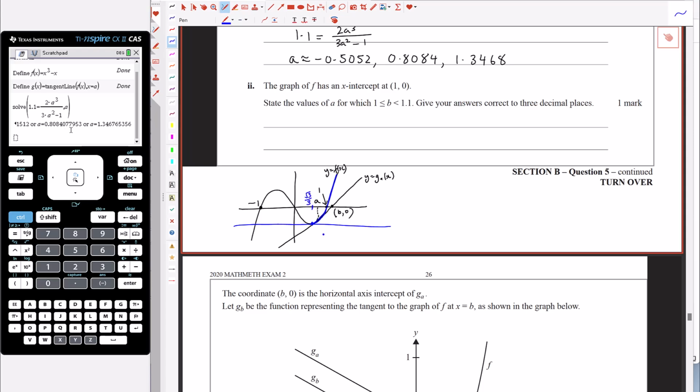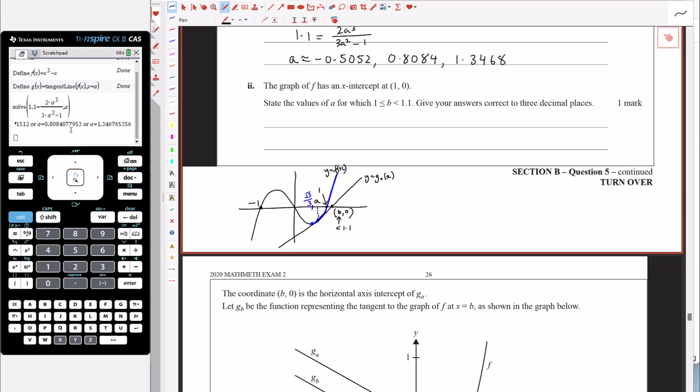So therefore A is going to have to be bigger than that to get the tangent to have an x-intercept out here, but obviously we need to work out what the value of A has to be so that the tangent, sorry, let me draw that back again, so that the tangent doesn't go past 1.1. Okay, so we need to work out that this value has to be less than 1.1.